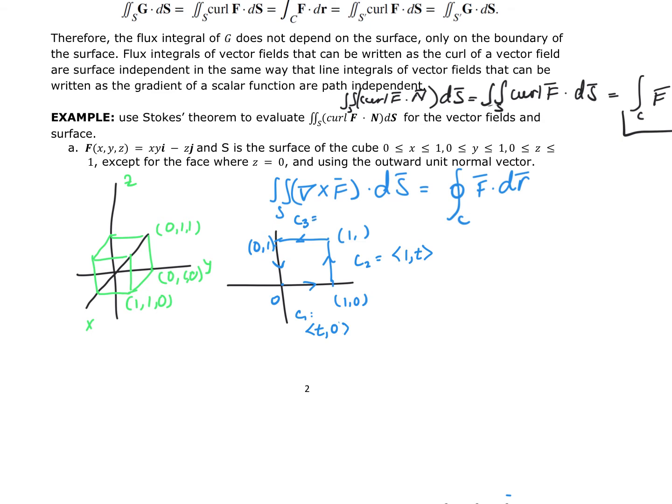C sub 3 would be 1 minus t for the x and 1 for the y. And C sub 4 would be 0 for the x and 1 minus t for the y.